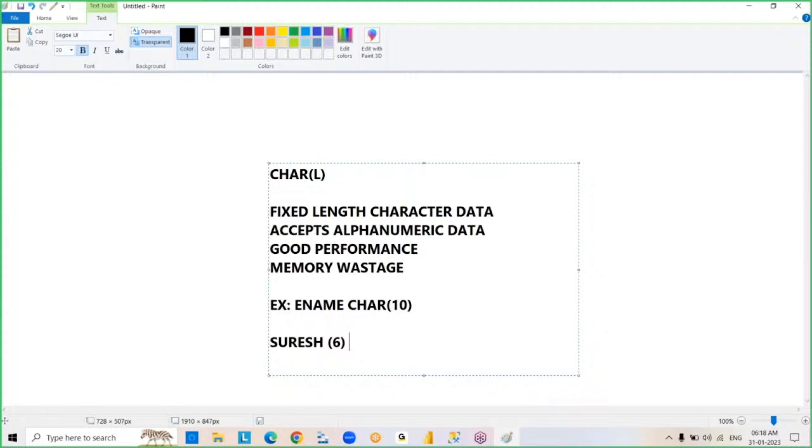But the extra 4 bytes will go for blank padding. Blank padding means a null value is going to be stored. So unnecessarily we are going to lose space.